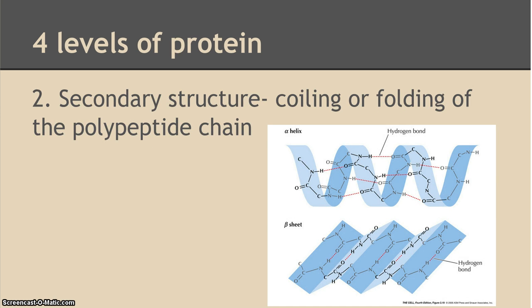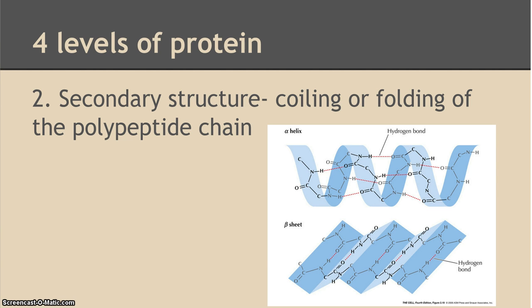Once we have gotten our amino acid sequence down, our bodies have made that amino acid sequence, we then go to the secondary structure. The secondary structure is coiling or folding of the polypeptide chain. So we started out with that primary structure. We made the polypeptide chain. We made those peptide bonds in between the amino acids.